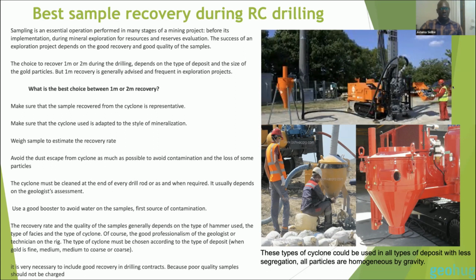All particles are homogeneous by gravity. Generally, the gold particles go down by natural gravity. With this type of cyclone, we have to recover all the particles with good homogeneity by gravity.